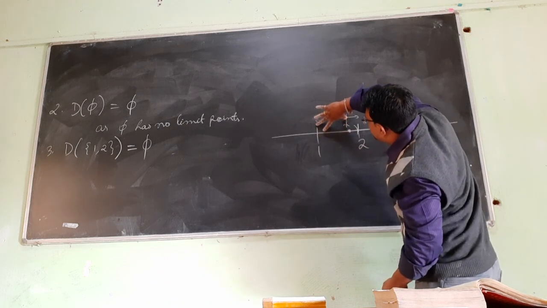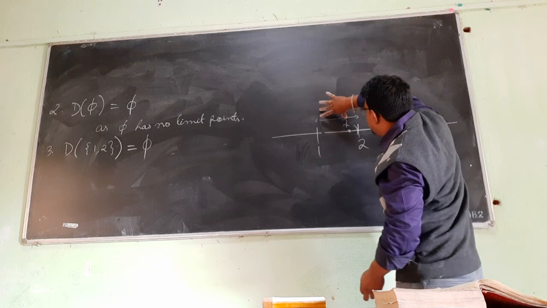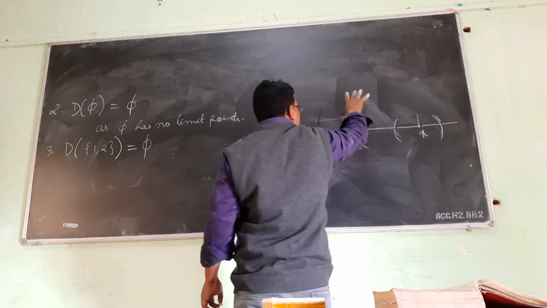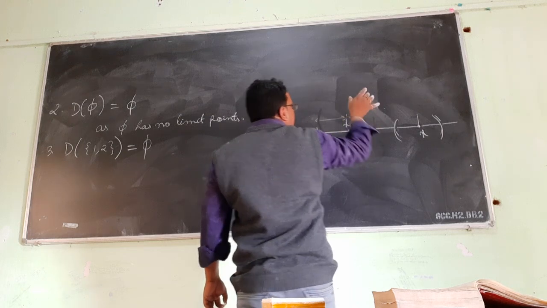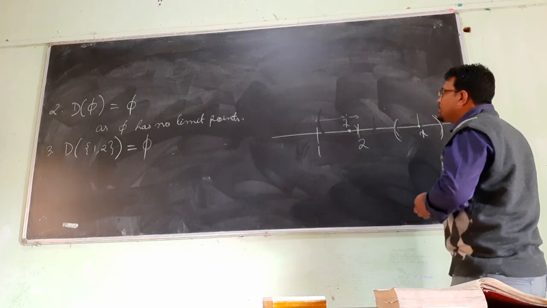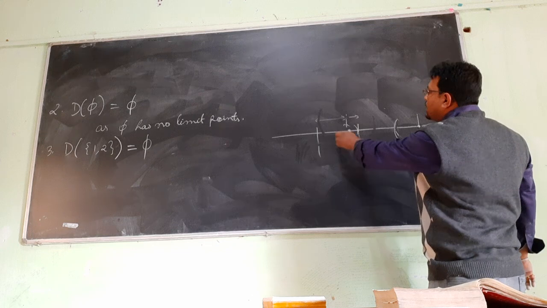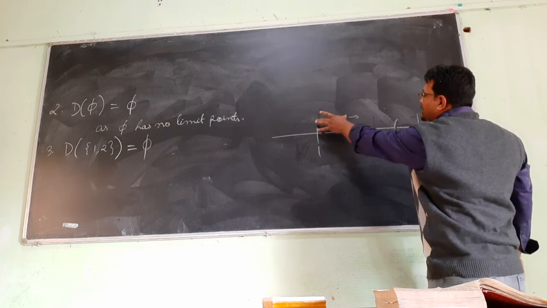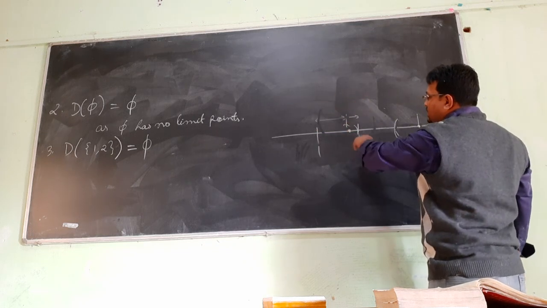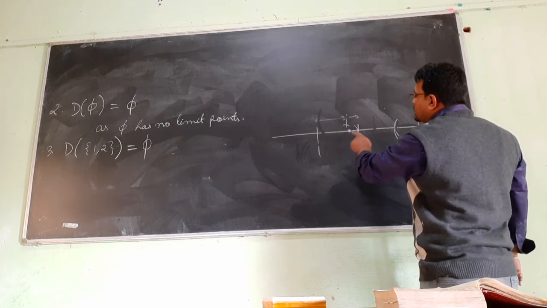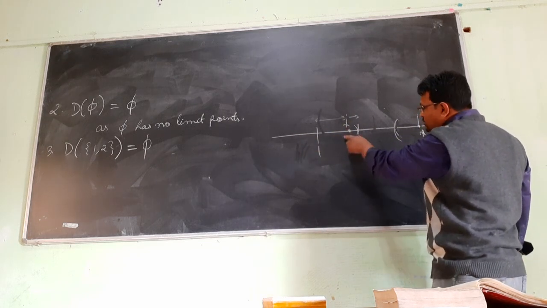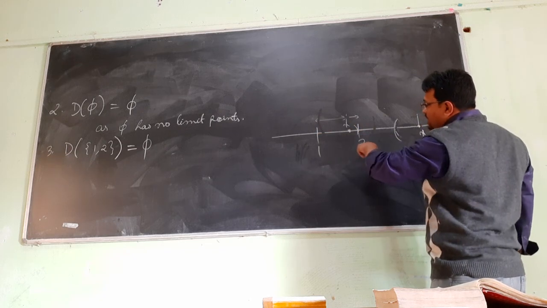If I take this larger radius, there is a problem. It will contain some point of capital A different from x.